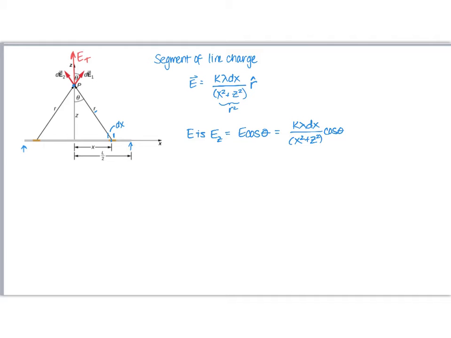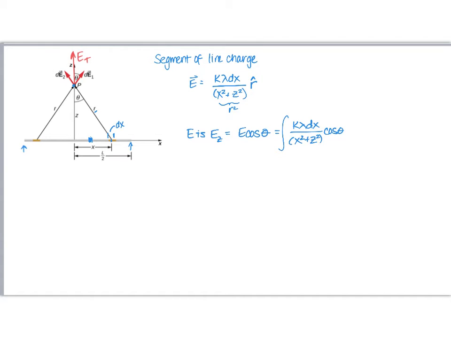Now, I'm going to have to integrate this eventually. The dx tells me I'm going to integrate over x, but if you think about it, when I'm looking at pieces of charge over here, as I move along the length of the line segment, the angle that the electric field that it produces makes with the vertical axis is going to change.